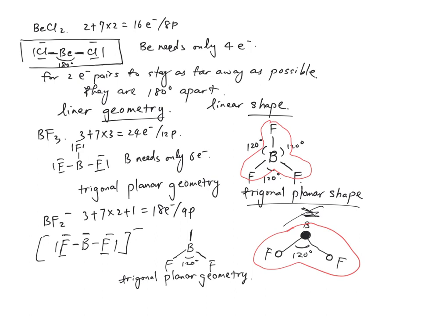And what about this guy? Do you have 3 different symmetry axes? No. This is why we say BF2 negative has a trigonal planar geometry, because geometry cares only about these electron pairs. But it would have what we call a bent shape.